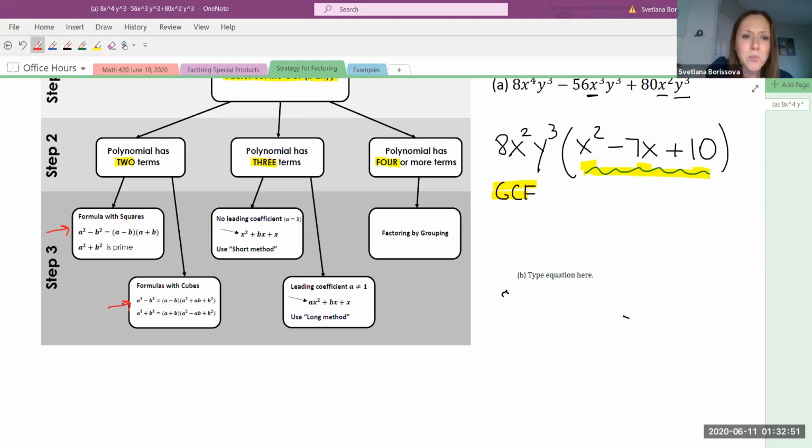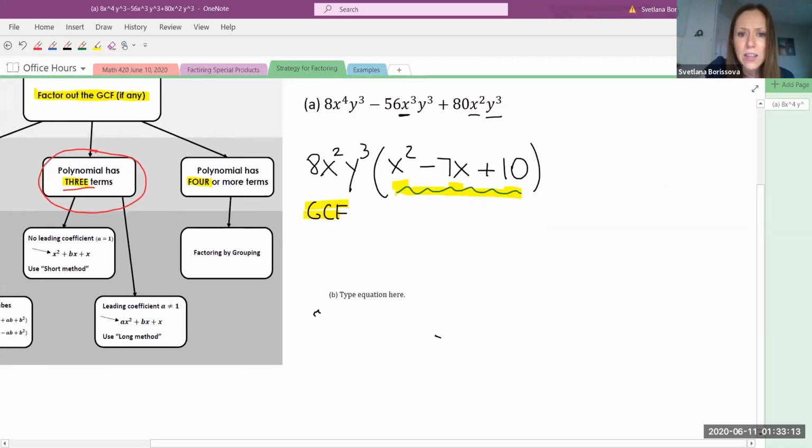Well, if the expression has 3 terms, that's actually our case, right? Our polynomial inside the parentheses has 3 terms. Again, you have 2 cases there. We already talked about them. That's when you do have a number in front of x squared and when you don't. What can we say about our expression? Is there a number in front of x squared?